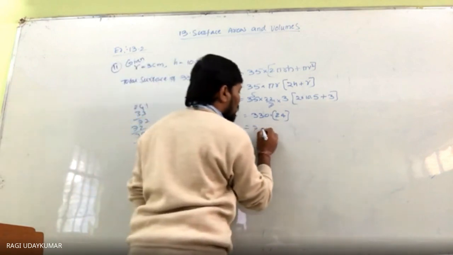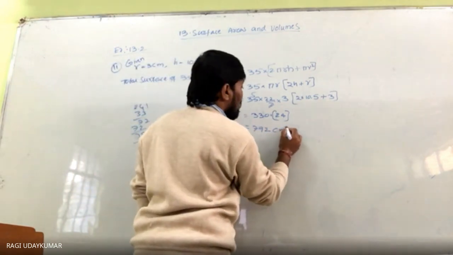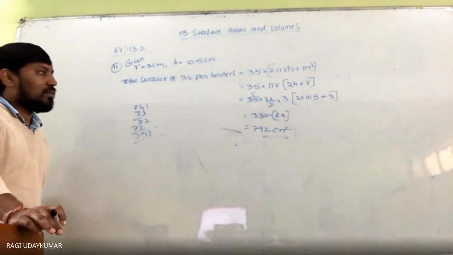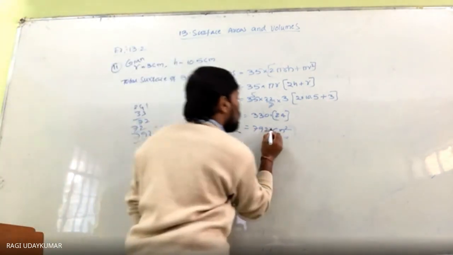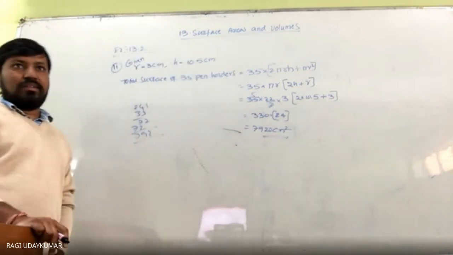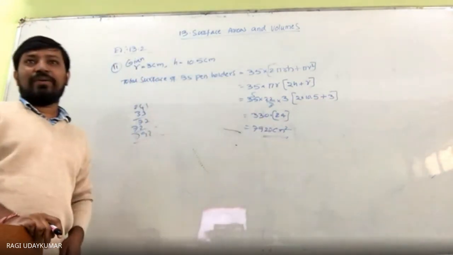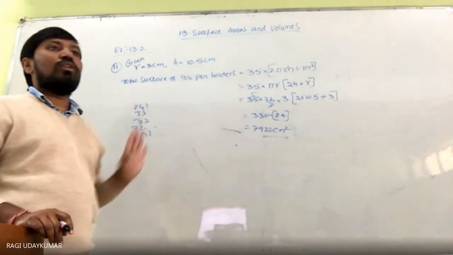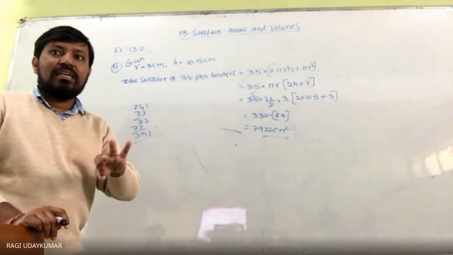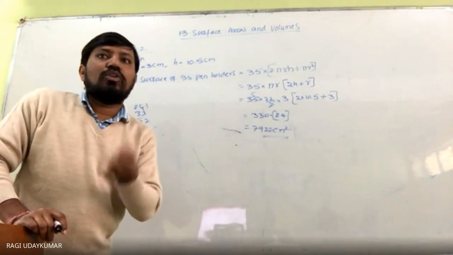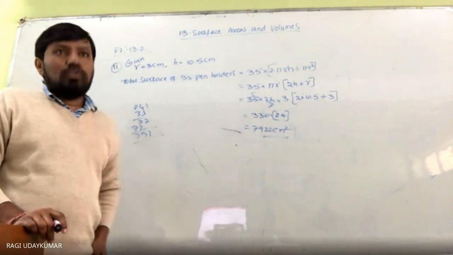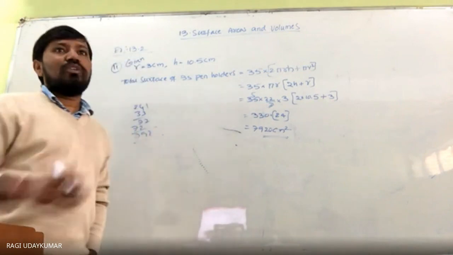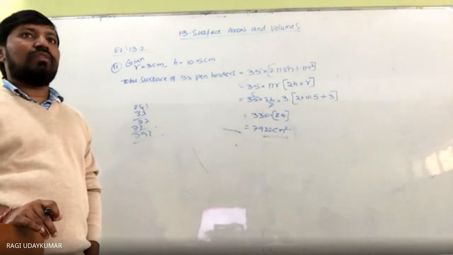So which is equal to 792 centimeters square of the cardboard is required to make 7 to 9 centimeters, because 0 will not be here. So therefore at last here total surface area, 35 pen holders बोला है. क्वेश्चन में क्या पूछ लिया है? How much cardboard is required to be brought for this competition? So therefore at last, the cardboard required is equal to 7920 centimeters square.